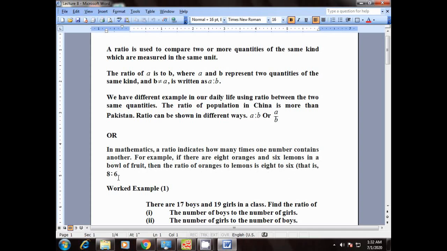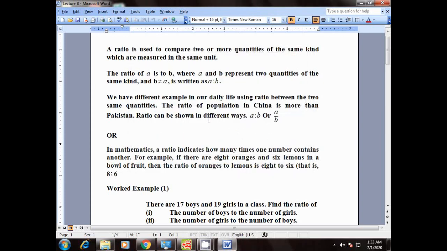Now 8 represents the first quantity, which is the number of oranges, and 6 represents the second quantity, which is the number of lemons. It means that the number of oranges is more than the number of lemons. So we can represent this information in the form of ratio as 8:6.